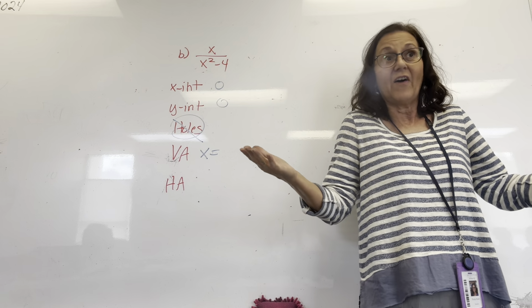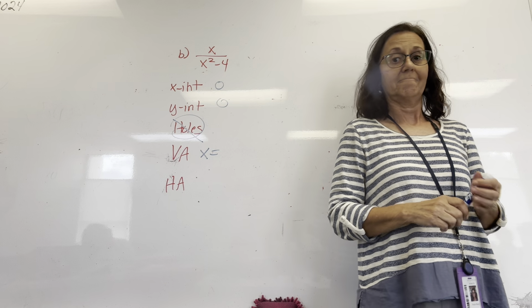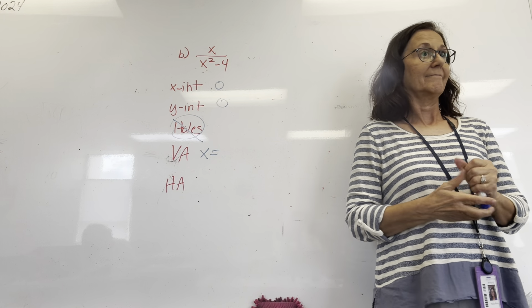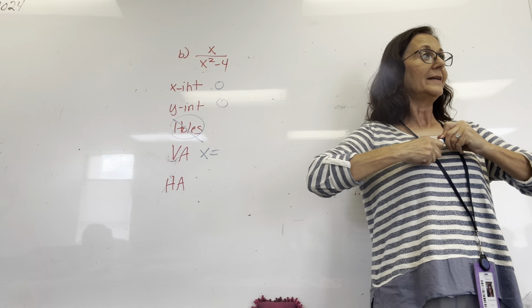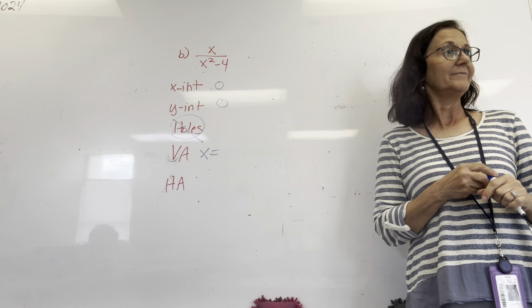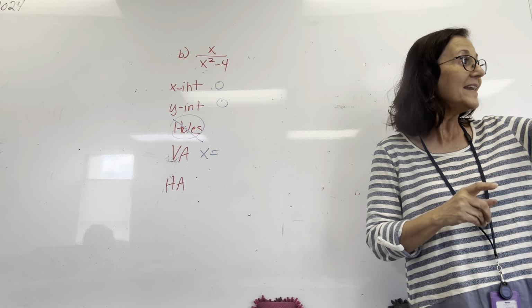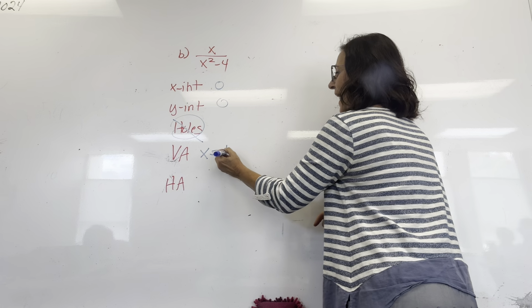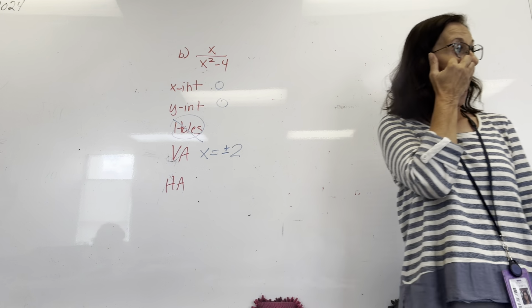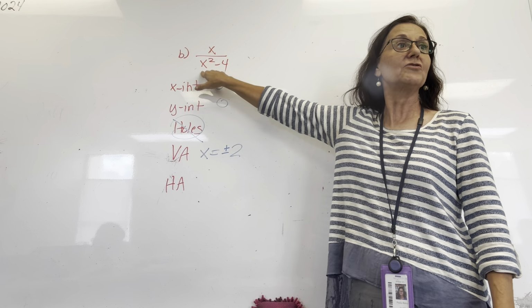So if I have 5 zeros in the denominator, I have 5 vertical asymptotes. So it's x plus 2, x minus 2. 2 and -2. Plus and minus 2. Wait, why is it plus and minus? Because -2 squared is 4. Positive 2 squared is 4.